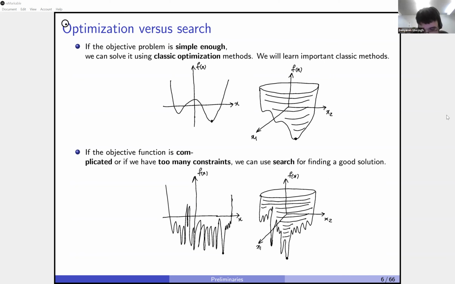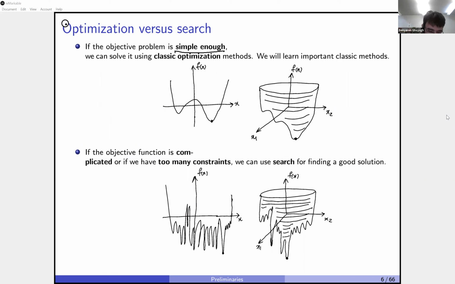But I'm saying that when you model your optimization problems, you should be careful about that, because you don't want to have an empty feasible system, an empty acceptable domain. So if the objective problem is simple enough, or we don't have too many constraints, even if it is complicated, we can use classical optimization. I'm not implying that classical optimization is not usable for very complicated problems.